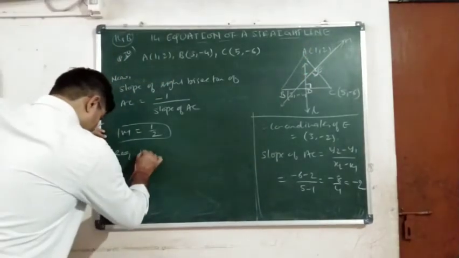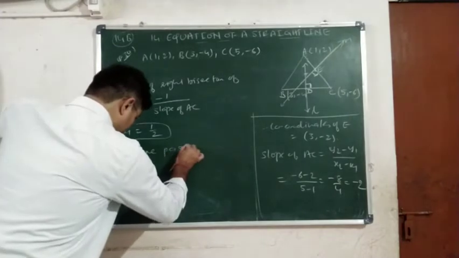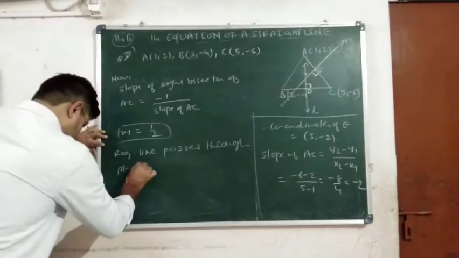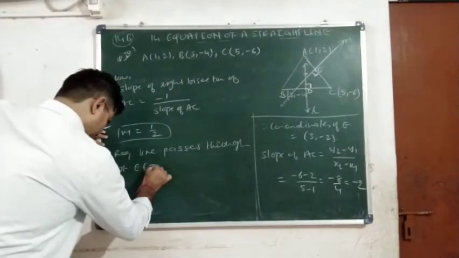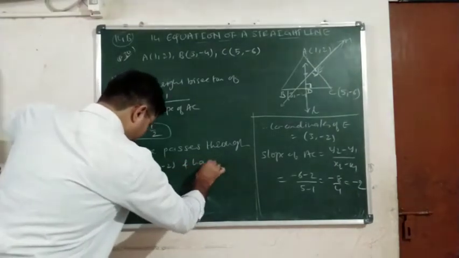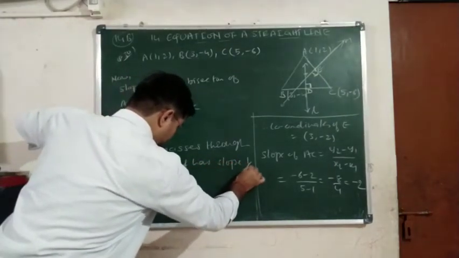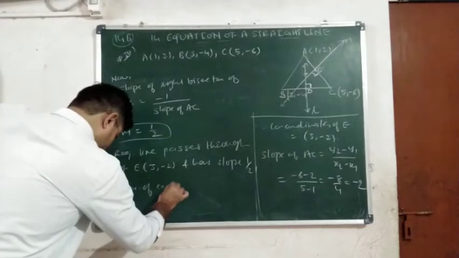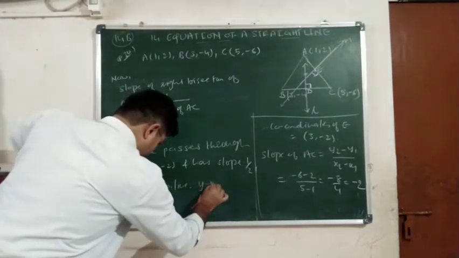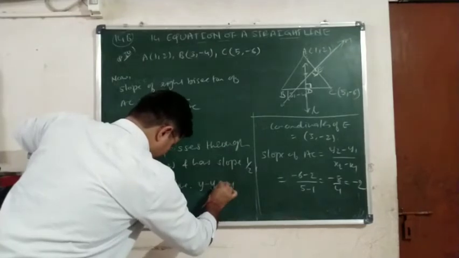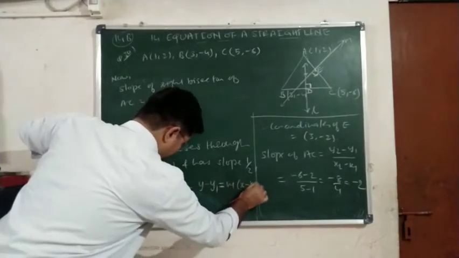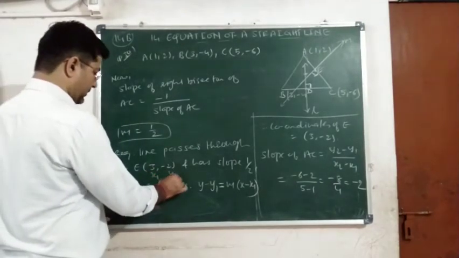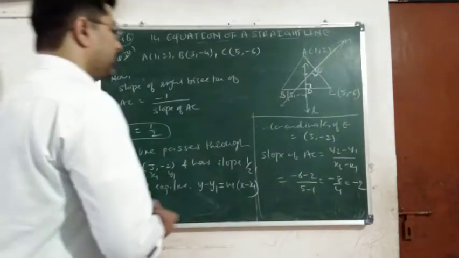Now the required line passes through point E, whose coordinates are (3, -2), and has slope 1 upon 2, and therefore the equation of the required line will be y minus y1 is equal to m into (x minus x1). Now let us put in the values. x1, y1 are the coordinates of E, to get the answer.